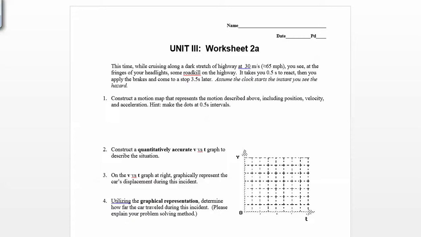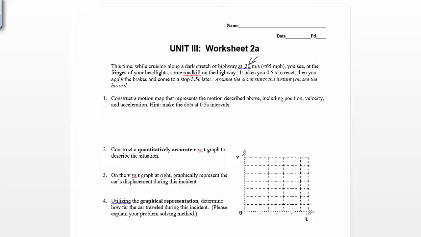So, if we take a look at this, it's pretty straightforward. There's a bunch of words in here that are trying to set the scene. Dark highway, fringes of your headlights, roadkill, whatever. Our first clue, we're starting at 30 meters per second. Then it says it takes us 0.5 seconds to react.